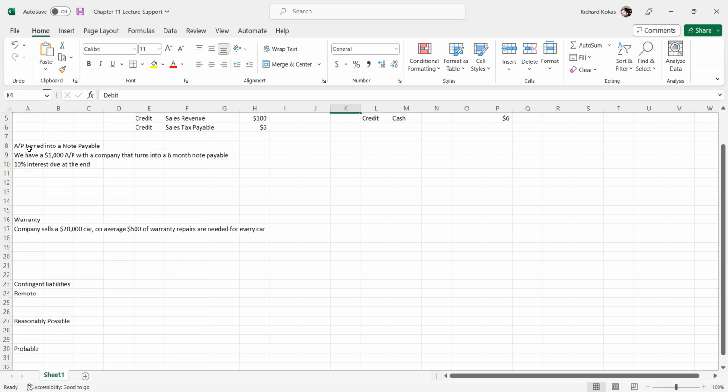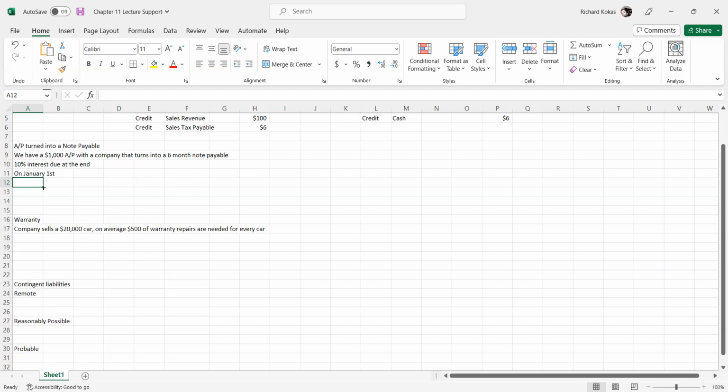So we have an accounts payable that's going to turn into a note payable. We have a $1,000 account payable with a company that turns into a 6-month note payable. There's 10% interest due at the end. Let's say we're doing this on January 1st to start, because we're going to look at another scenario. We're turning the $1,000 account payable into a note payable on January 1st. Right now, we have a credit in accounts payable for $1,000.